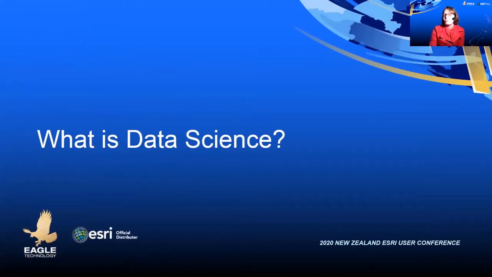First up, we're going to define data science. These are words that have emerged in our industry over the last couple of years. But do any of us really truly know what they mean? Maybe we can help by saying data science is the use of scientific methods, processes, algorithms, and systems to extract knowledge and insights from data.